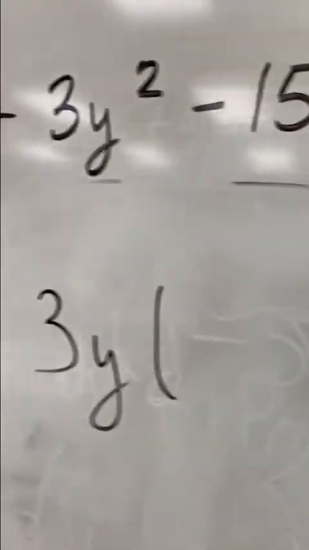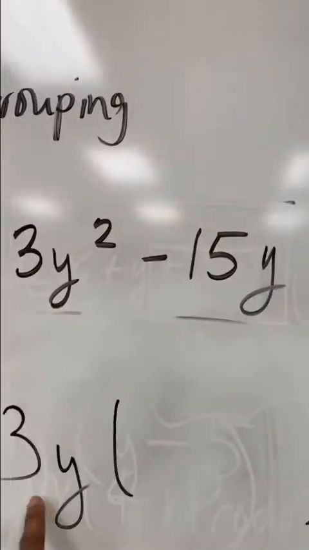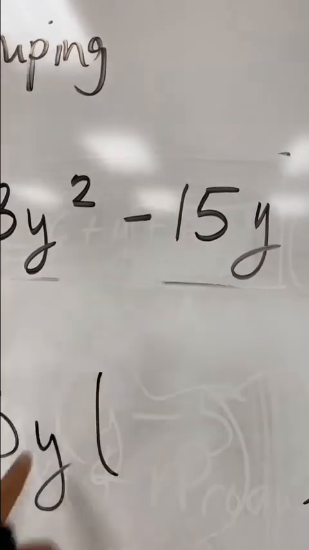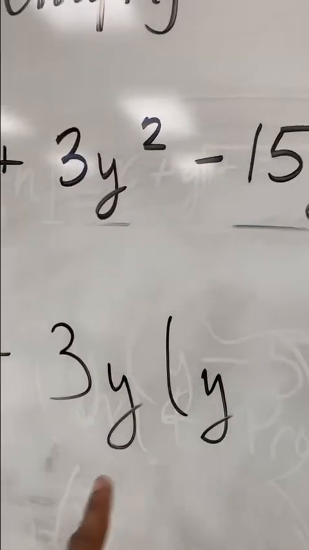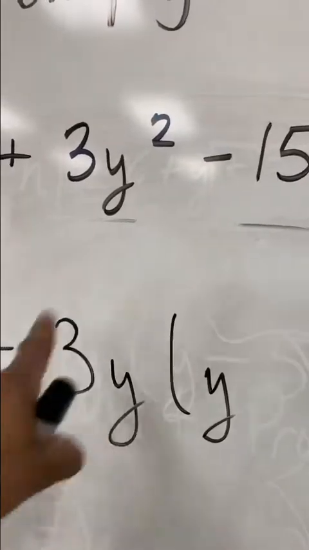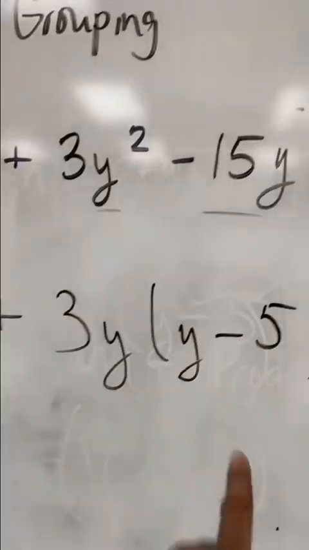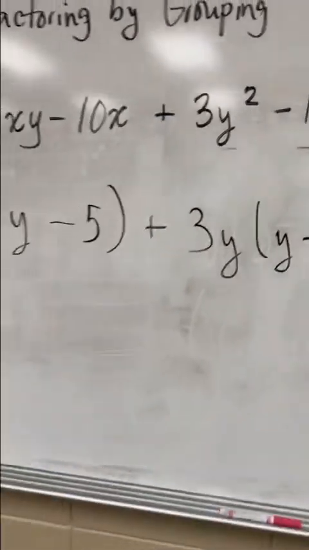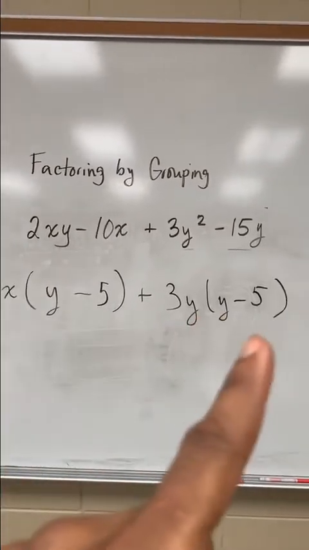Now, this is where we have to use our multiplication to figure out what goes back inside. 3y times another y will give me y to the second. 3y times y will give me that one. But if I multiply 3y times a negative 5, that's a negative 15y. If it's done properly, your parentheses should say the exact same thing.